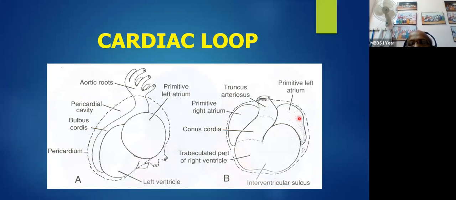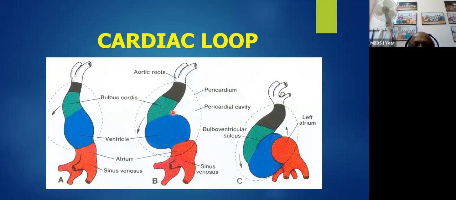See the next picture, you can understand. This is the final position of the heart after formation of the cardiac loop. See that both atria are on the dorsal aspect and above. Both ventricles are down and ventral. That's how the cardiac loop is formed. The bulbus cordis is divided into conus, truncus arteriosus and ventricle. This part descends downwards and to the right, onto the ventral side.